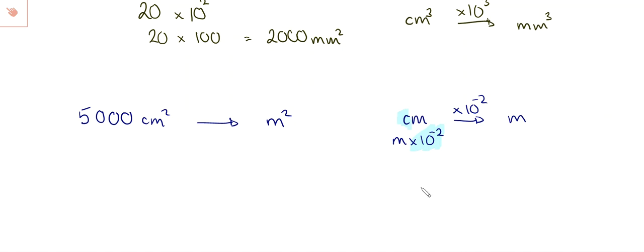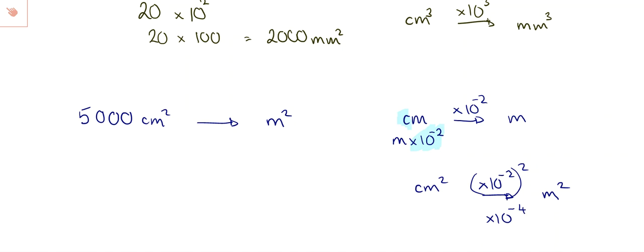Therefore, square centimetres to square metres is times 10 to the negative 2 squared. And what's 10 to the negative 2 squared? Remember your laws for exponents, times 10 to the minus 4.